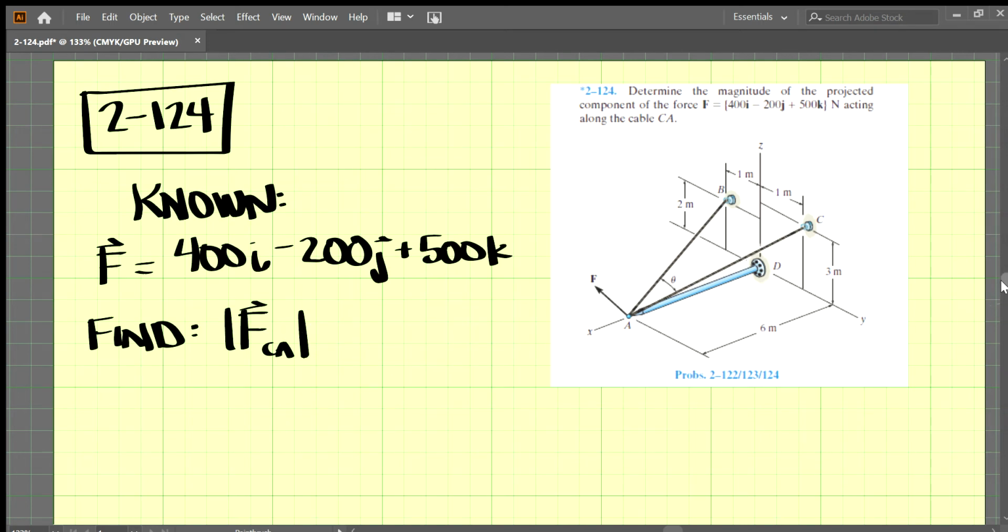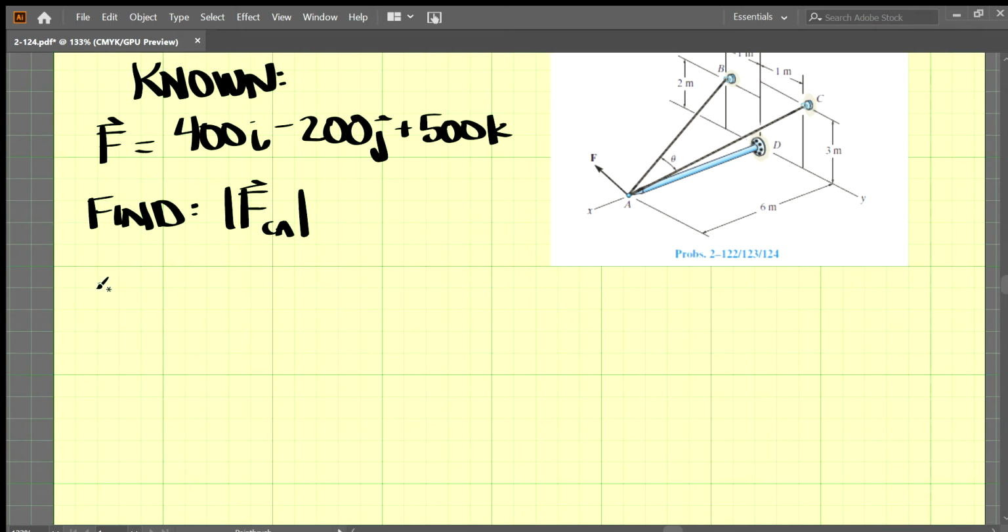All right, so let's start the analysis. The first step is to figure out what direction CA actually is. So we'll make a position vector from C to A. If we look at the diagram here, moving from C to A in the X direction is 6 meters, so we have 6I.